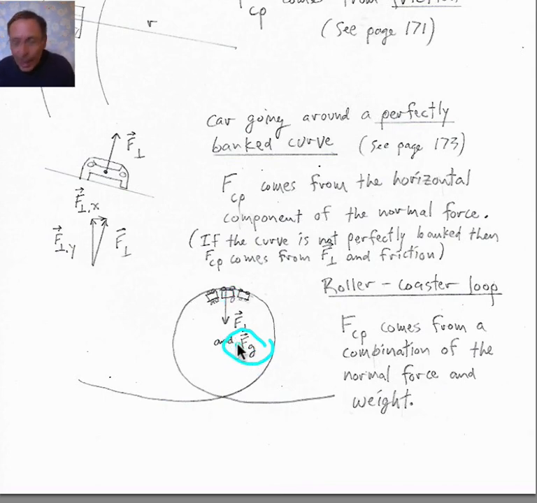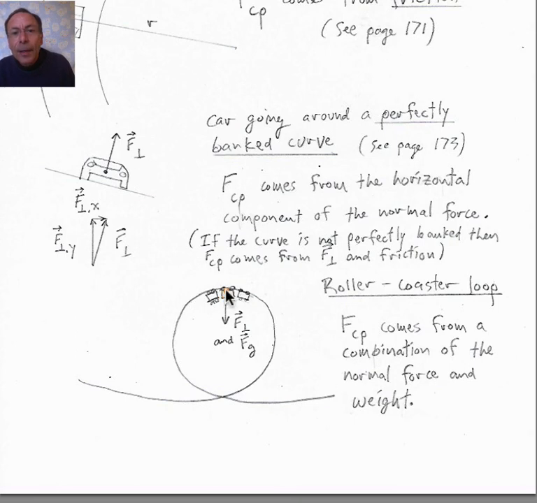Now, they don't do that, right? Because they're going to be worried that people will try to jump a little bit and then they'll fall out of the roller coaster and kill themselves. So you actually do want the people in there to feel like they're still glued down to the chair. So in that case, it's a combination of things.